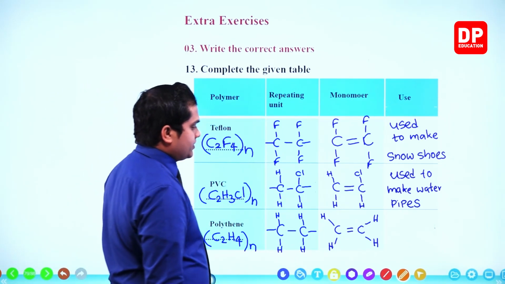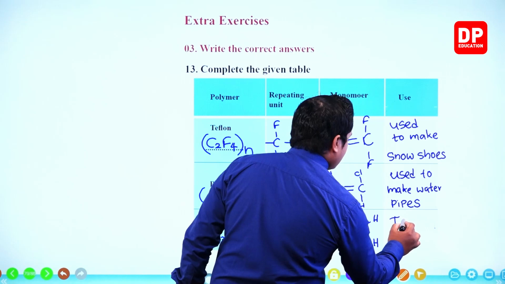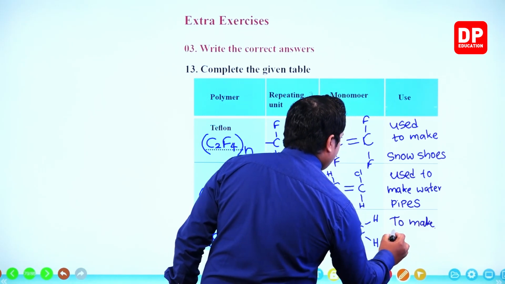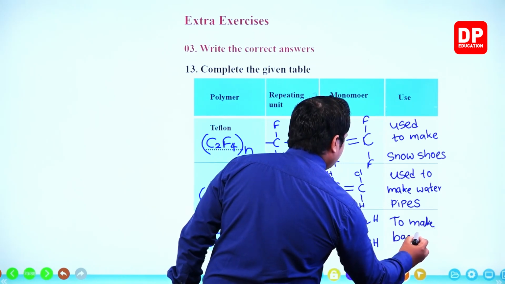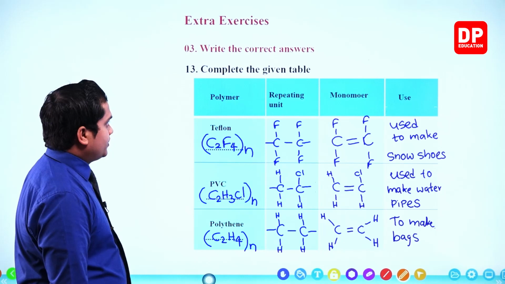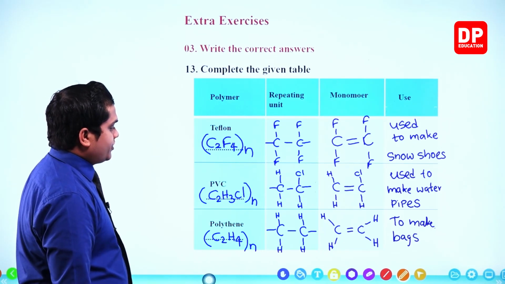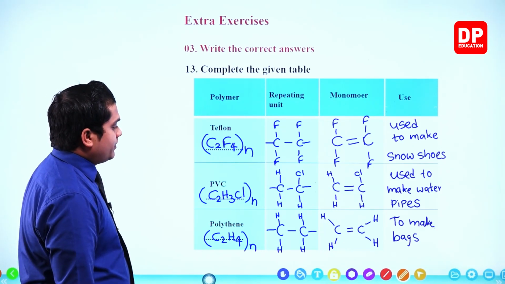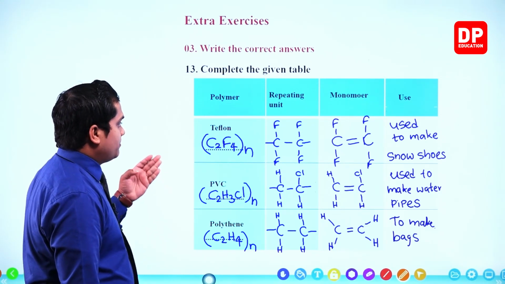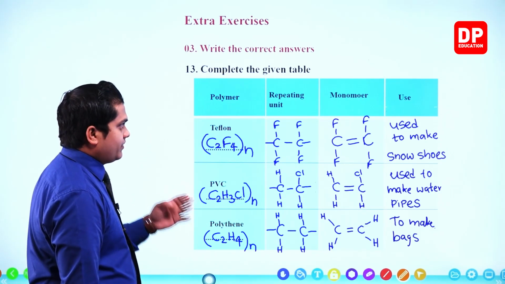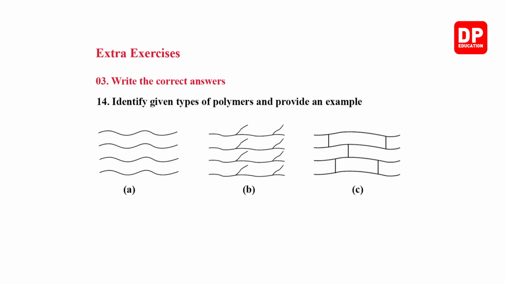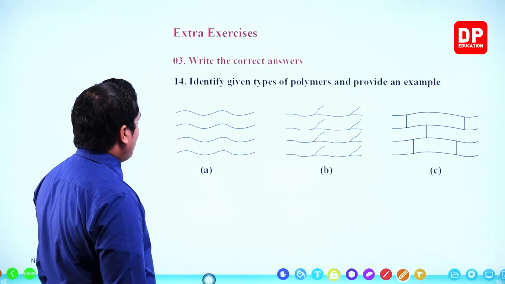Then use to make bags. To make bags. Right. So this is the question which is given regarding the repeating unit, monomer and the use of the polymers Teflon, PVC and polythene. Right.